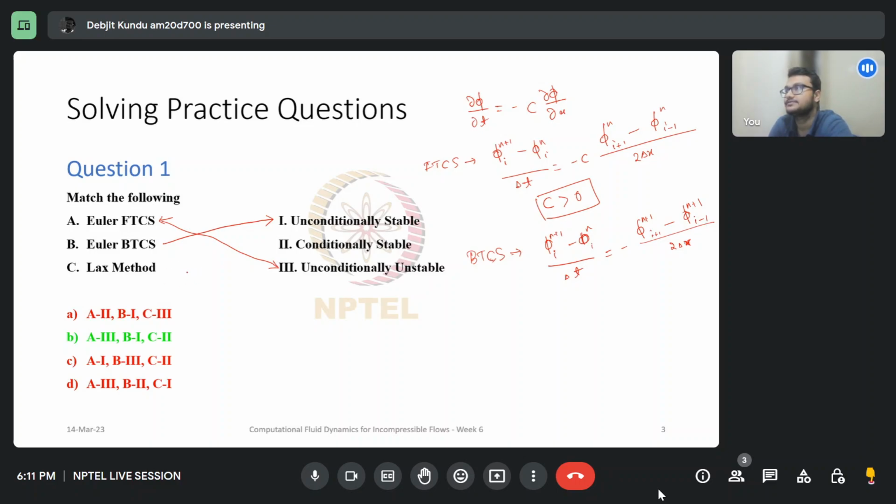Then we have the Lax method, which is basically a modification of this FTCS scheme. So here, instead of phi i n, we take the average of phi i plus 1 and phi i minus 1.